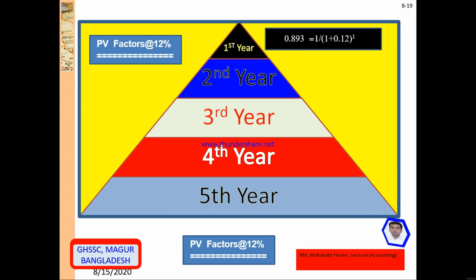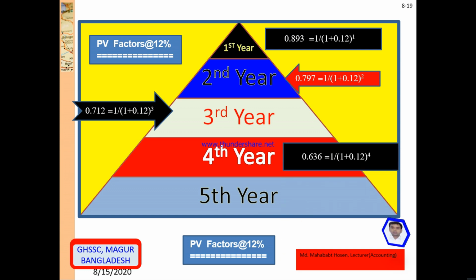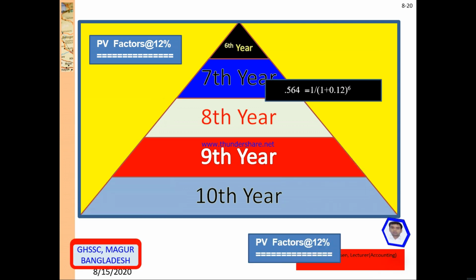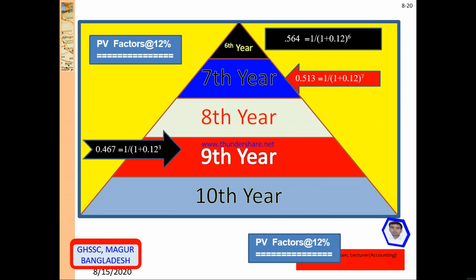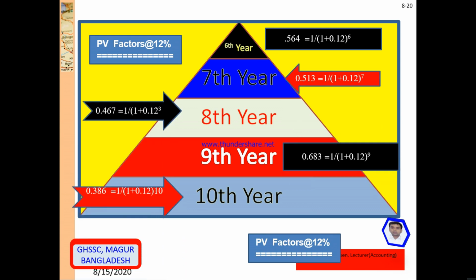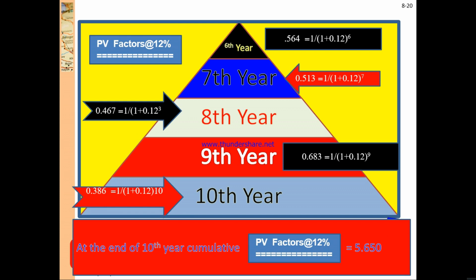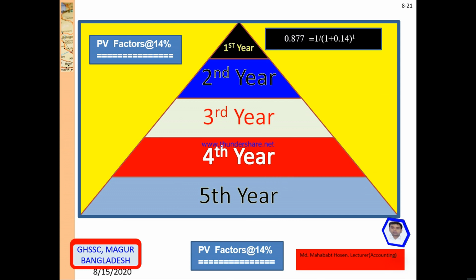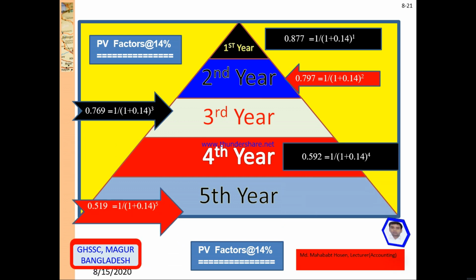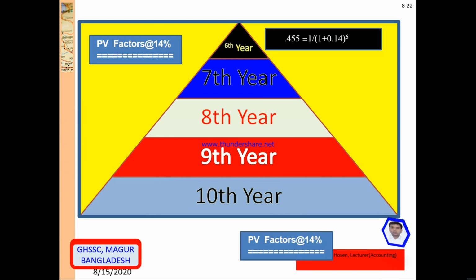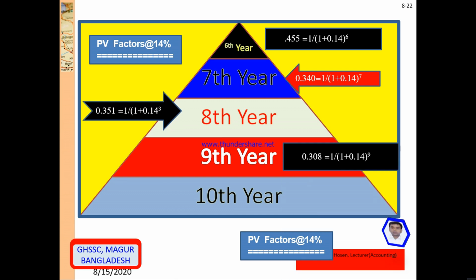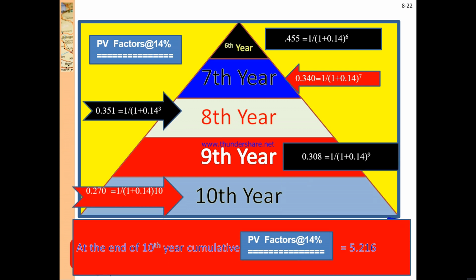Similarly, at 12% we get factors for each year from the first to the tenth, and ultimately the cumulative present value factor at 12% is 5.650. At 14%, for years one through ten, the cumulative present value factor at the end of the 10 years is 5.216.